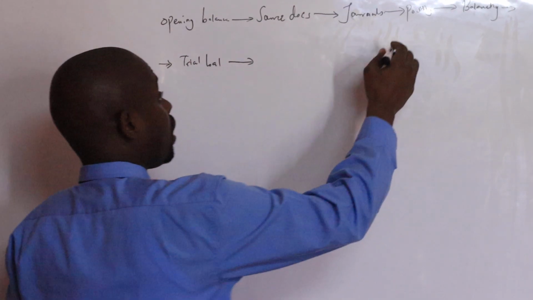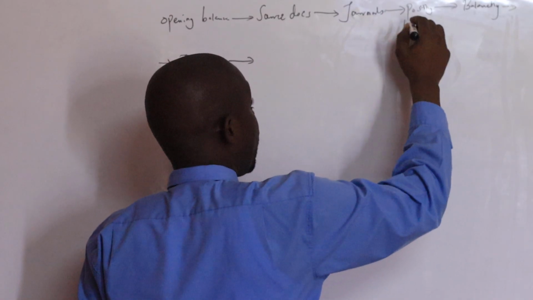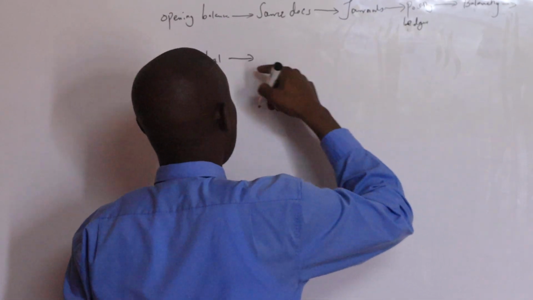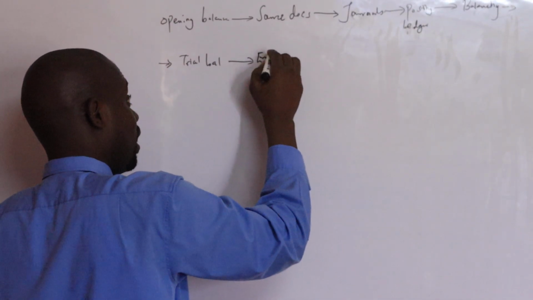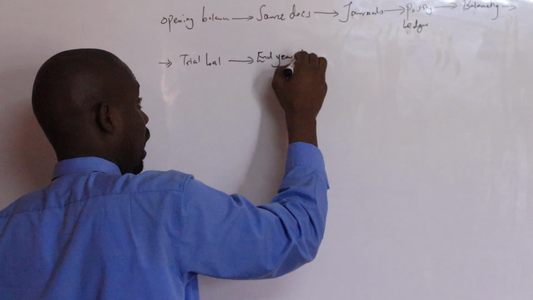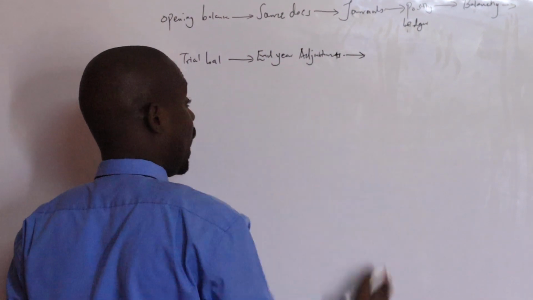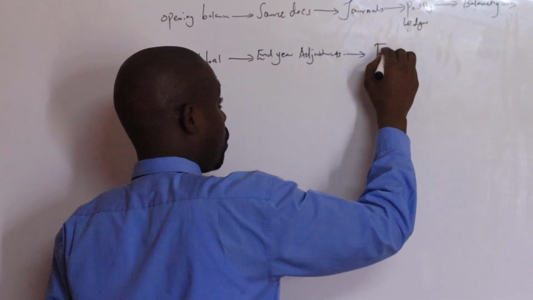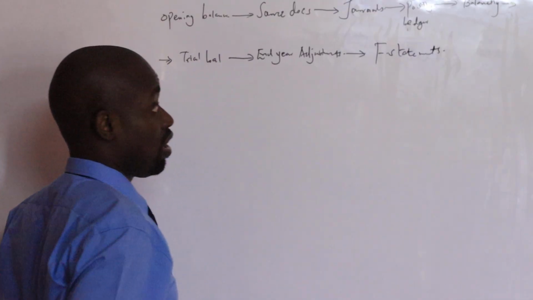So any other adjustments must be made before we do what? Financial statements, what we call end year adjustments. Then I told you the last thing, the end product is what? Financial statements.